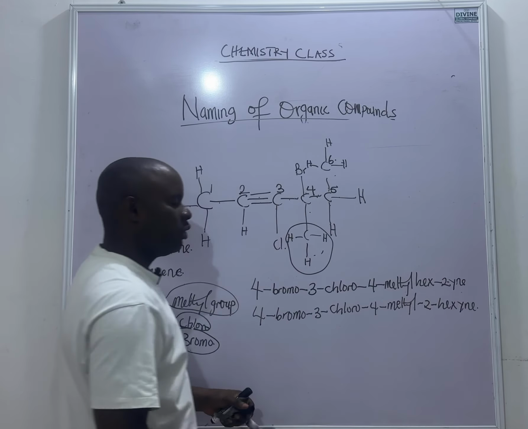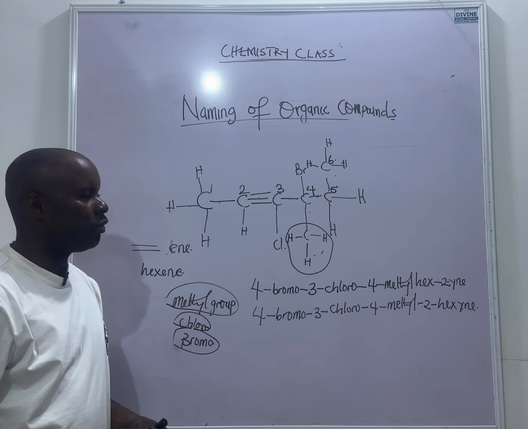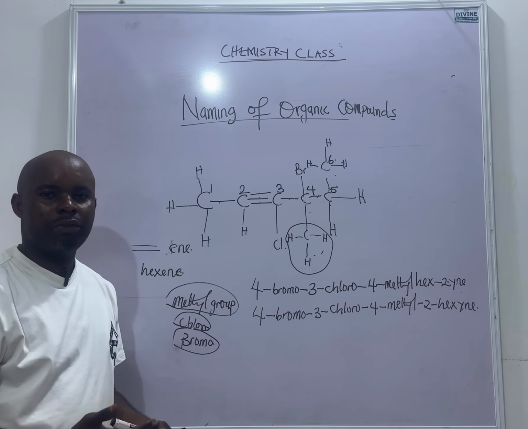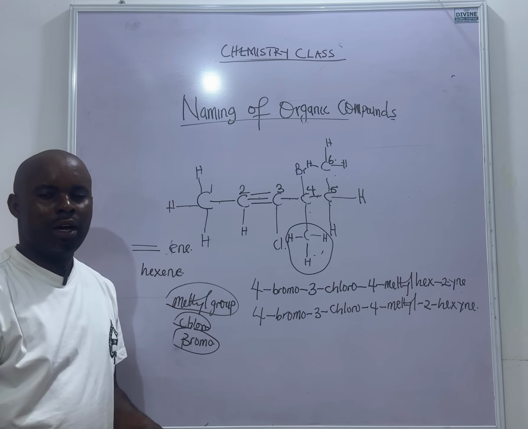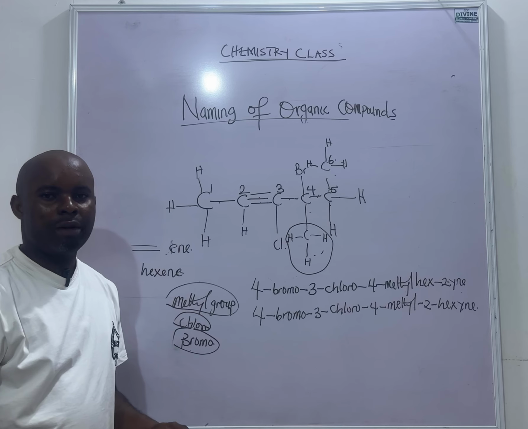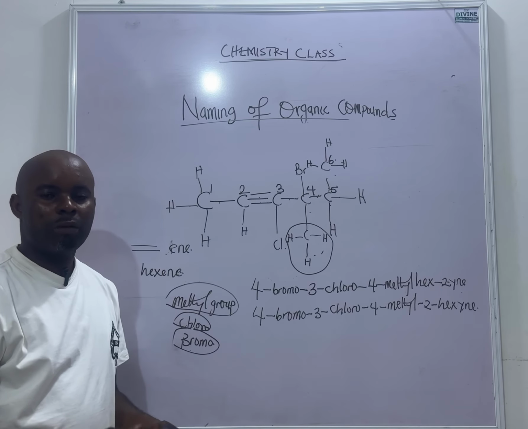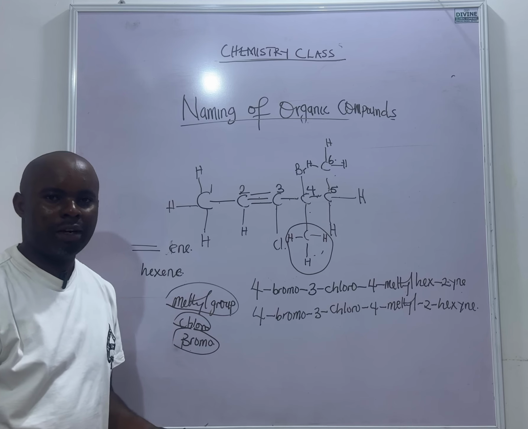It's very simple to arrange this compound in a different form. So this will be the end of this class. Please do well. This is a form of revision for my students. I know you have gone through the naming of organic compounds in your various classes, and this will be a summarized way of naming organic compounds.